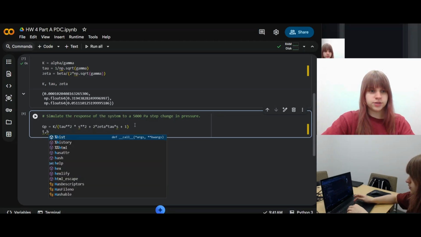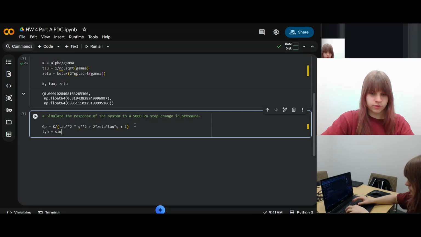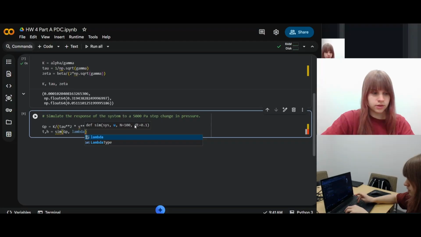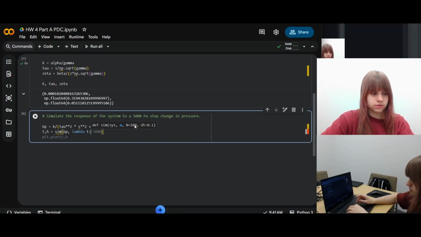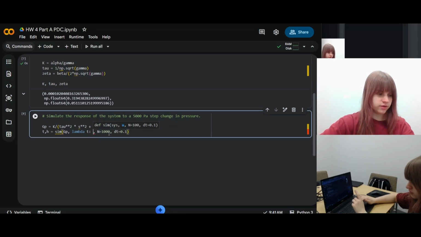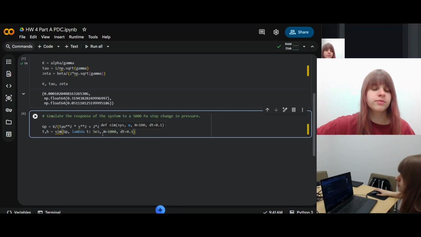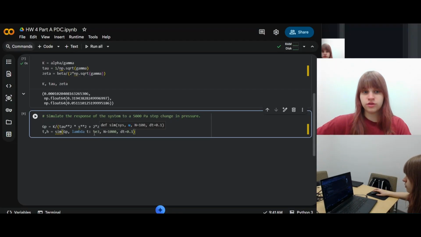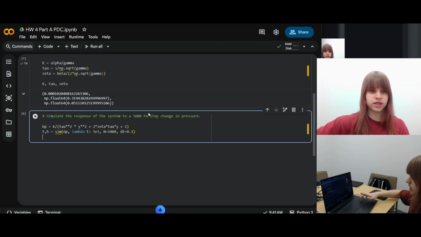And now we want to simulate, so we're going to take that transfer function and I'll explain what this means. And I forgot to put that right there, but 5 times 10 to the third, that is our 5,000 Pascal step change. This defined our dt, and that's how many times we're going through this calculation.